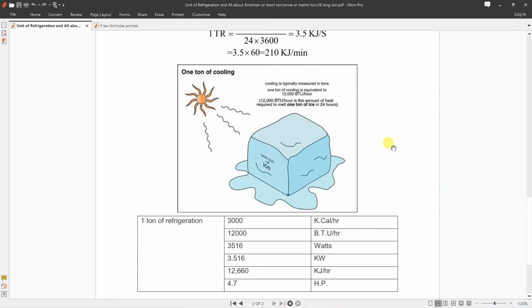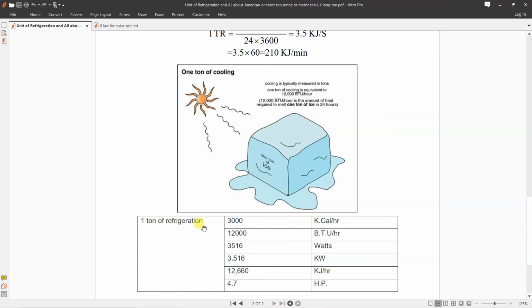Here you should remember some other units of ton of refrigeration as well. Usually these units are asked by industries. If an industry is recruiting you in the HVAC field, heating, ventilation and air conditioning, they usually ask what is the meaning of 1 ton of refrigeration, and you should remember the different units of that.